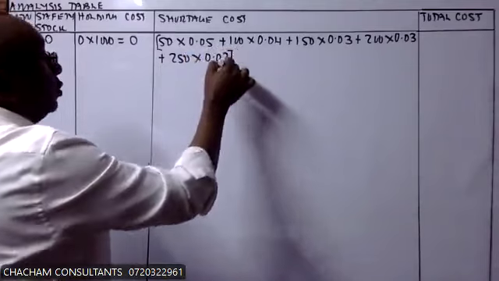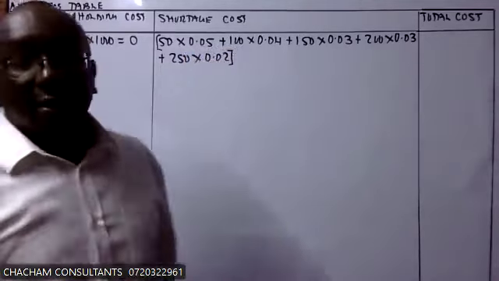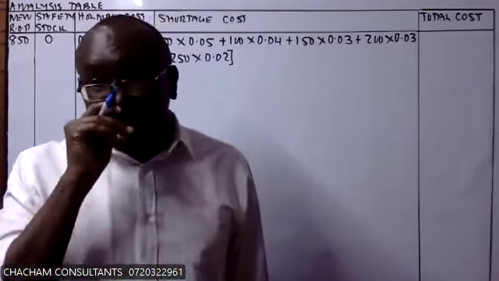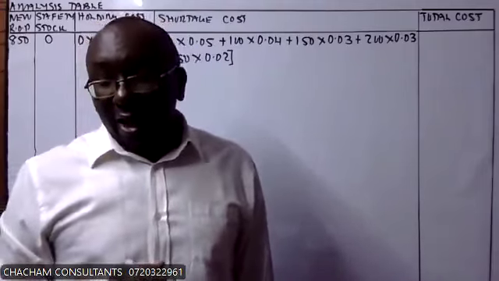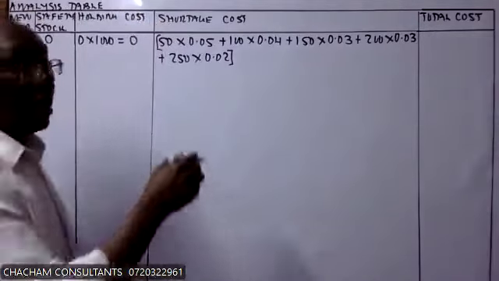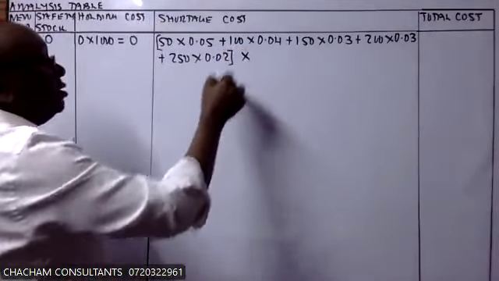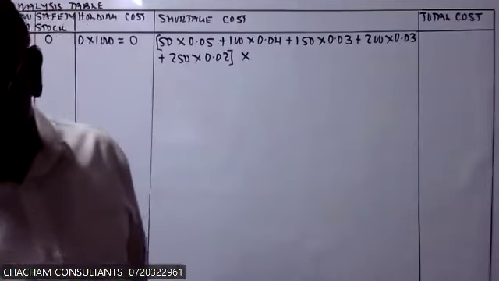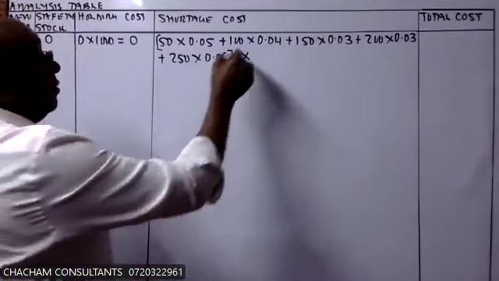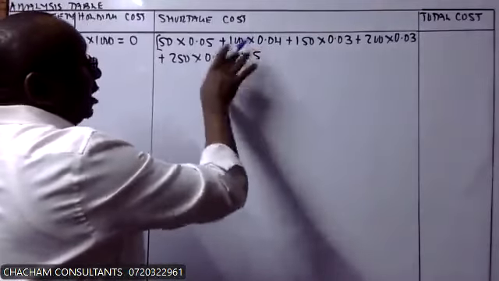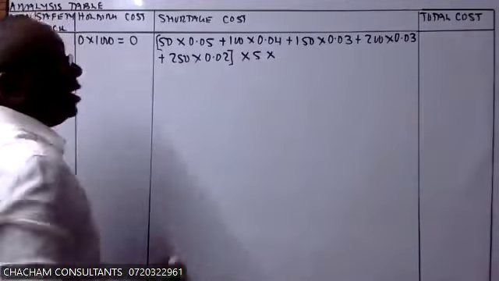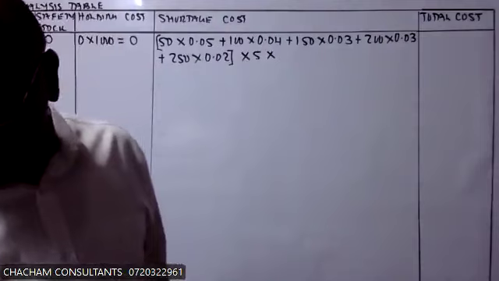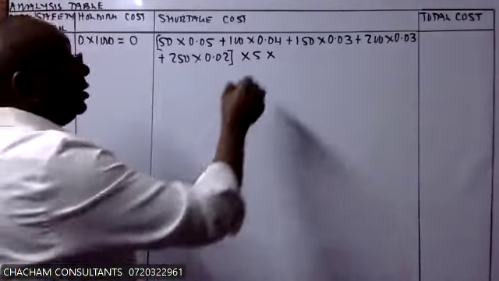So if you work out what is within those brackets, it shows you the number of units you expect to be out of stock. And the number of times that can happen is equal to the annual orders. We had been told annual orders were 5. So the total of that you multiply by 5. And then every unit out of stock is going to cost you 5,000 shillings.